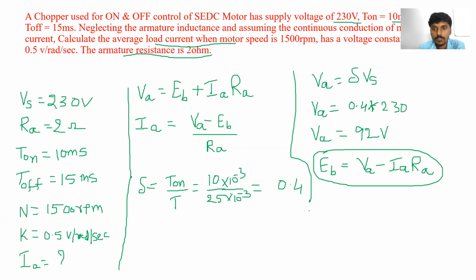Is there any other formula for finding the EB? EB is equal to K into omega m, K phi into omega m, or K into omega m, whatever. Can we use this formula?